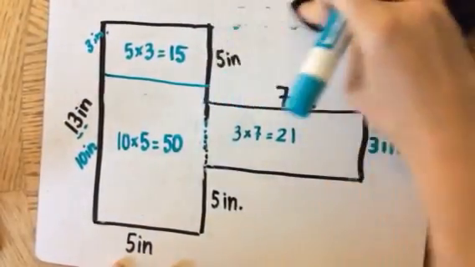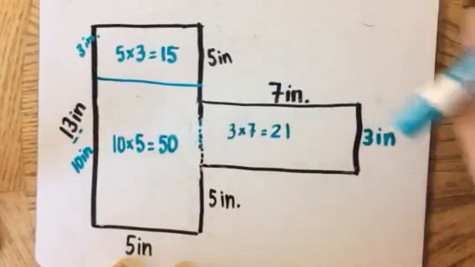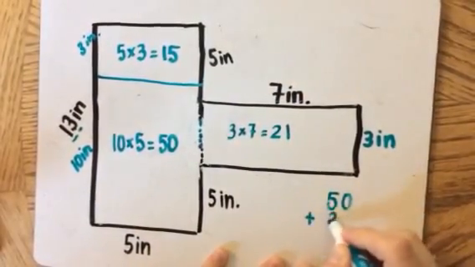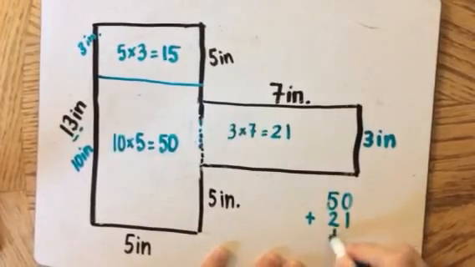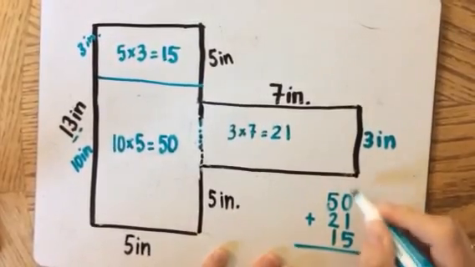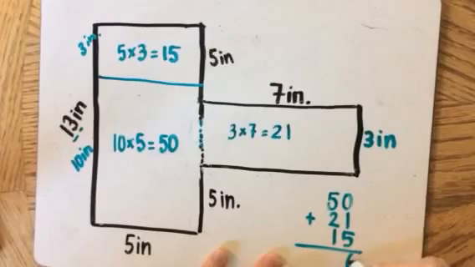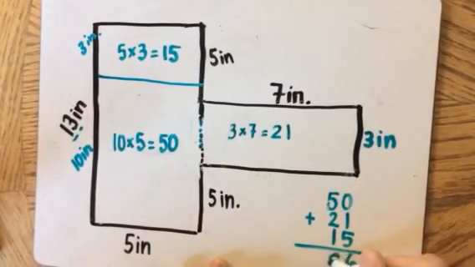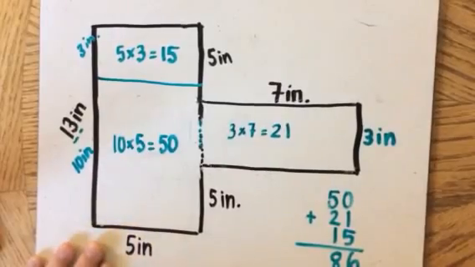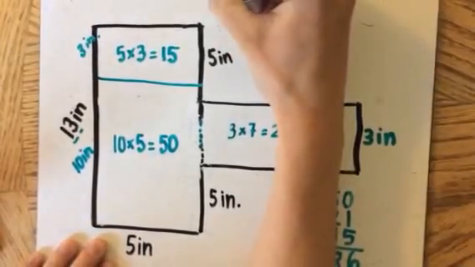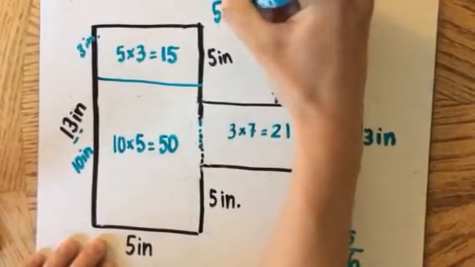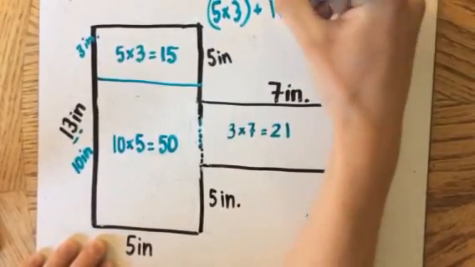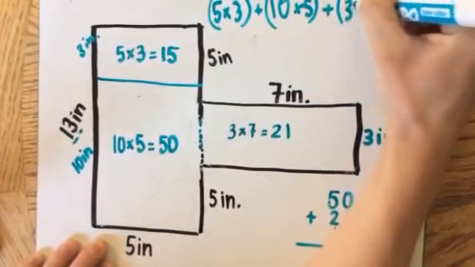All right, now we're ready to find our complete area. So I'm going to add 50 plus 21 plus 15. So if I add all of these, I should write my multiplication with my parentheses. 10 times 5 plus 3 times 7.